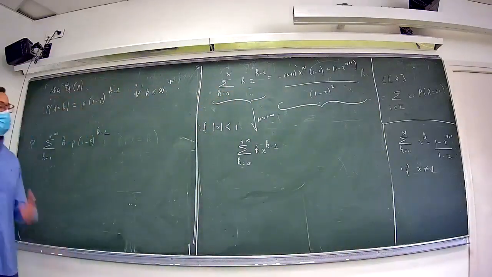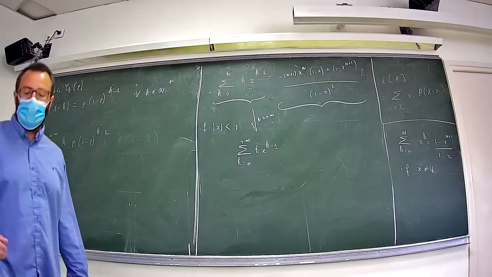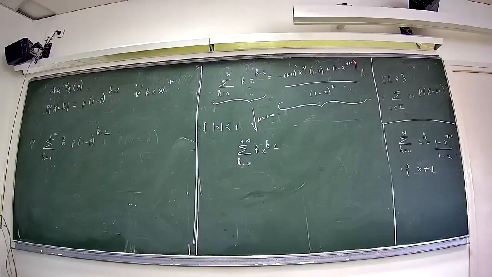What happens for this one? So keep in mind that the absolute value of x is strictly less than 1. So this one goes to 1. What happens for this one? 0. I have plus infinity and 0, but here I have something that is an exponential convergence, while here I have something that is polynomial. So the best is this one, the geometric sequence.